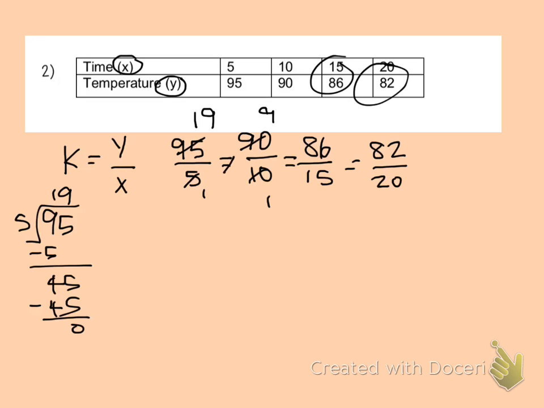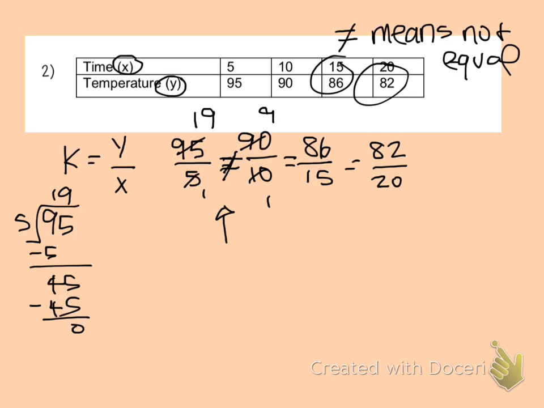So we see right there, they are not equal. Okay, and at that moment, right there, we can write none. There is no constant of proportionality here.